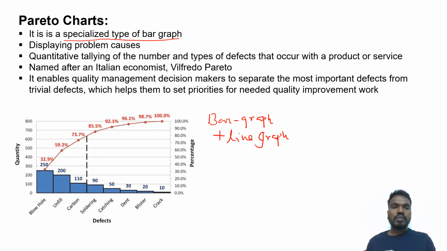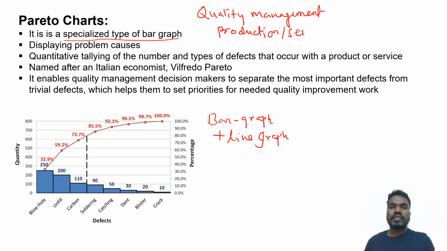We use these Pareto charts especially when we are talking about quality management, and where we discuss production and services, and we want to identify the defects, the problems, the problem causes, right?